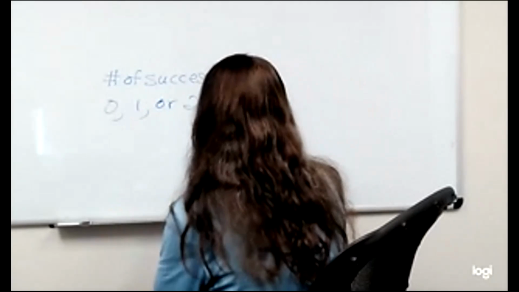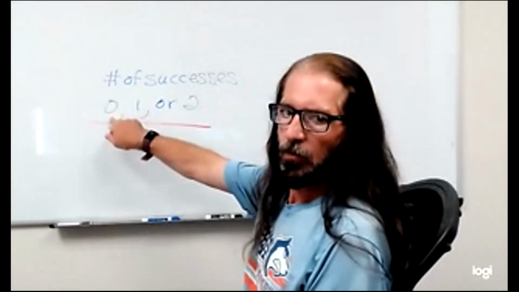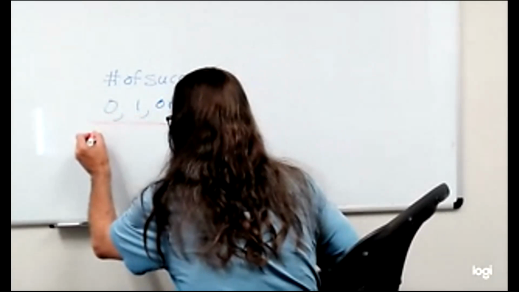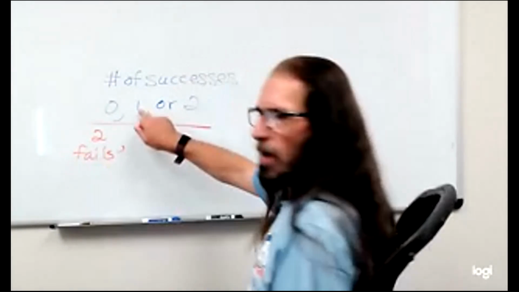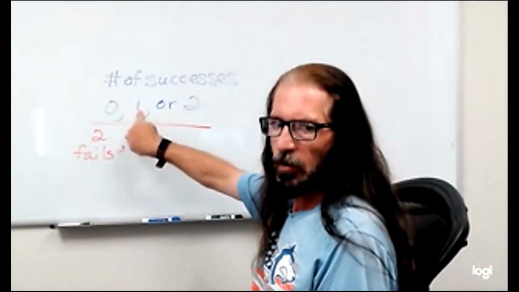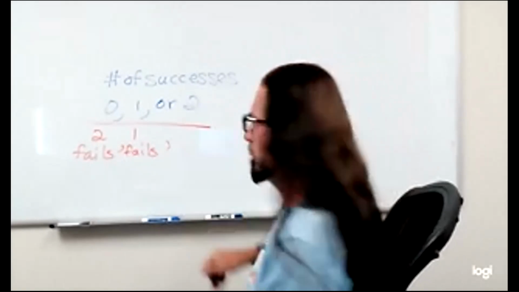And going along with that, if you have 0 succeeding, that's 2 fails. If you have exactly one succeeding, the other one fails. Or if both components succeed, then 0 have failed.